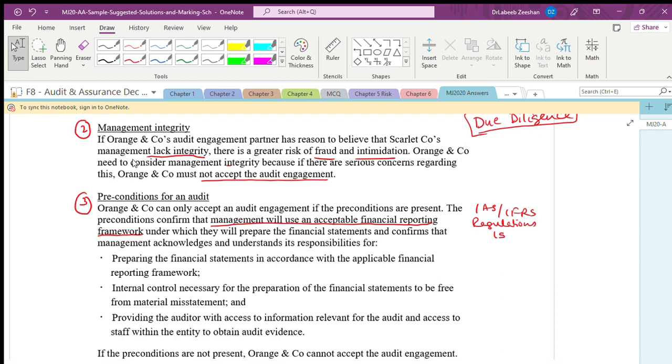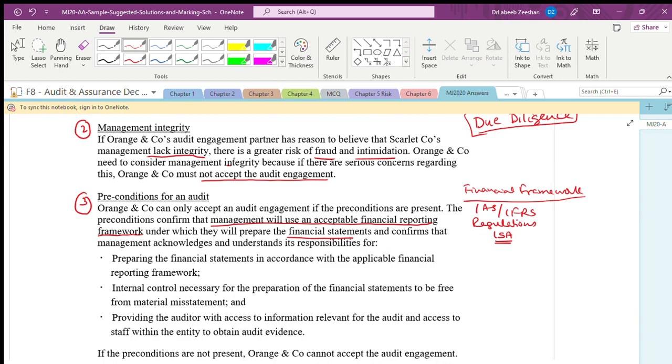And last but not the least, we are going to audit as per International Standards on Auditing. This is what we have studied, almost in the beginning, the financial framework. What is the precondition? That the management will use the acceptable financial reporting framework for which they are preparing the financial statements.